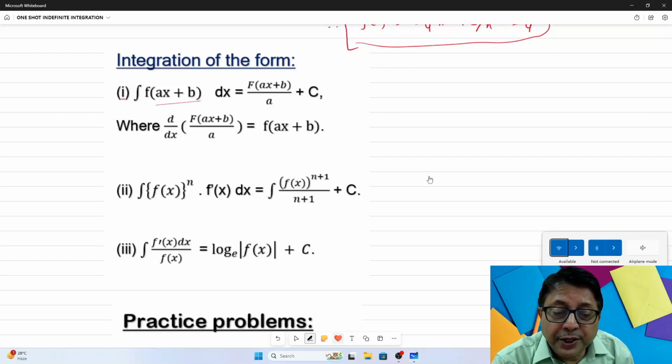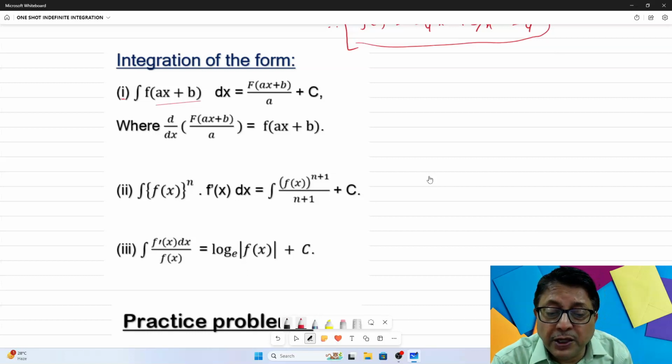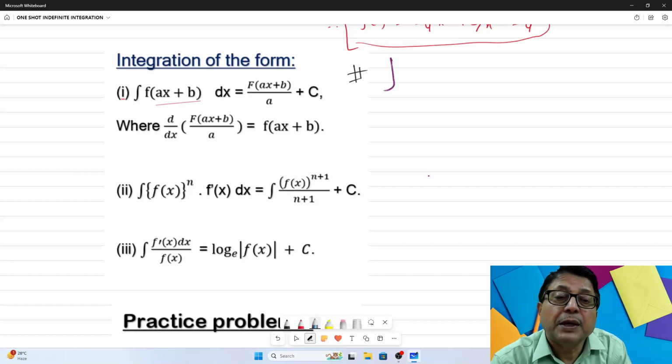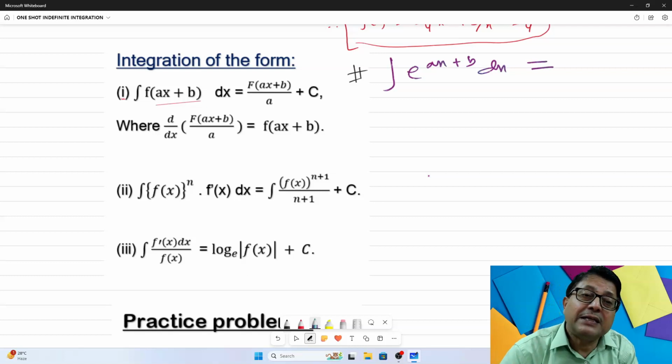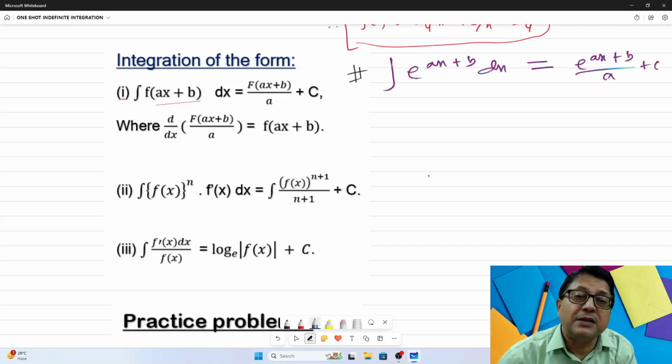That's why we need to remember a few formulas based on it, like when you are writing say integral of e to the power ax plus b dx. What is the formula for it? It is e to the power x only, so it will remain e to the power ax plus b, divide the result by a plus c.